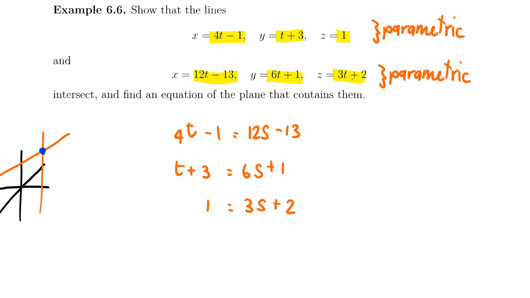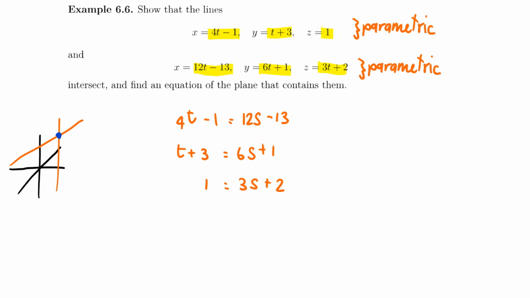So now I can go ahead and solve this set of equations. Let me just write out the answer. I'm going to get that my s is negative 1/3, and my t is negative 4. So then my x coordinate, this first one, is going to be negative 17.